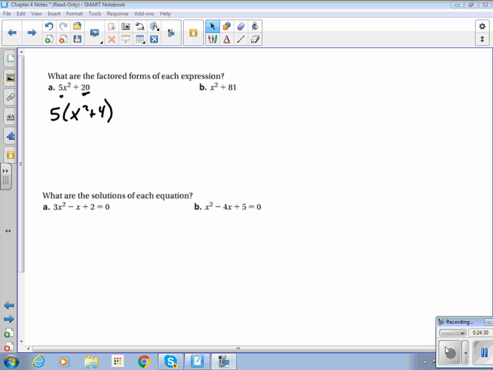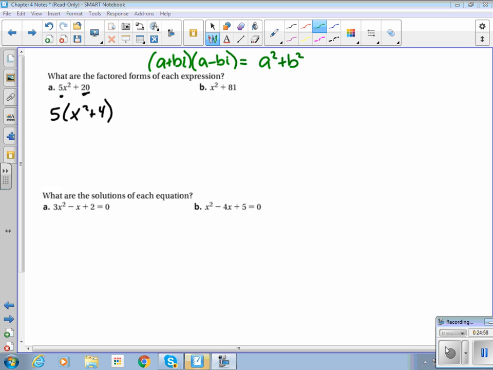So we're going to need a property that I cannot write down. So you guys add this property to your notes. We have a plus bi times a minus bi, or the product of your complex conjugates. It's going to equal a squared plus b squared. So when you multiply two conjugates together, you get just the a term squared plus just the b term squared.